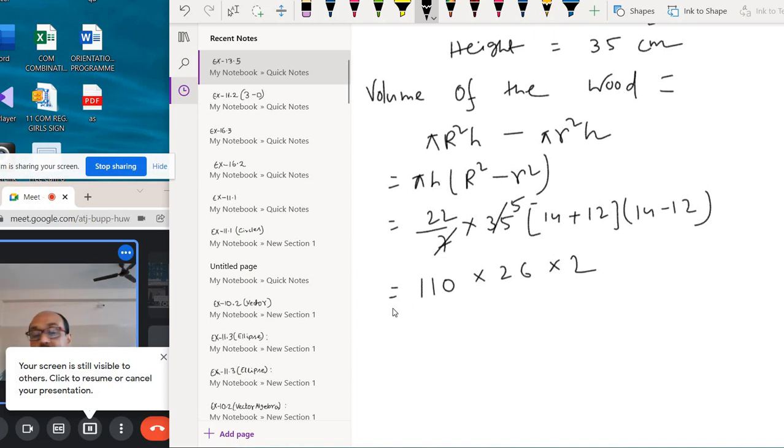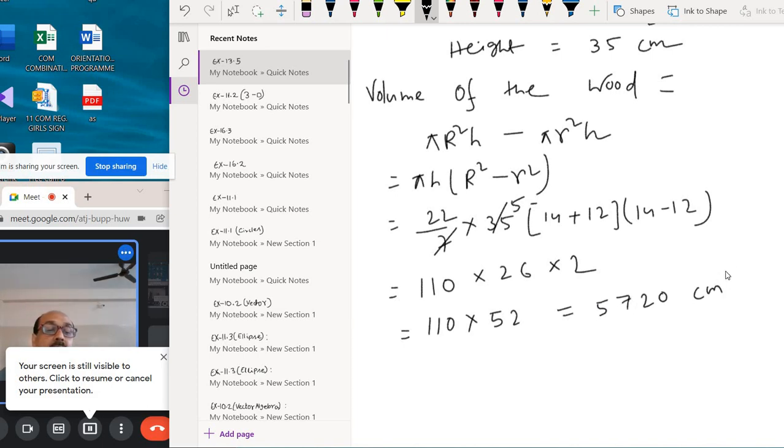So this equals 110 into 52. Multiplying this, it is 5720 centimeter cube.